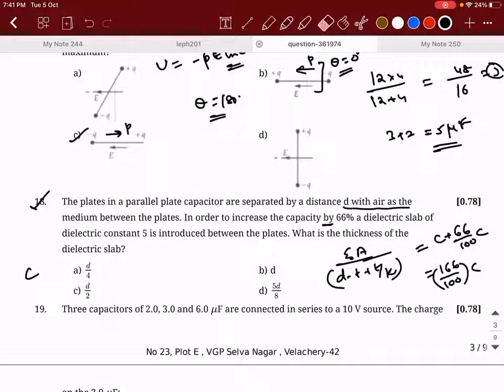But what is C? Epsilon naught A divided by D. And C dash is epsilon naught A divided by D minus T plus T by kappa. Epsilon naught A will get cancelled. 100D will be equal to 166 into D minus T plus T by kappa.